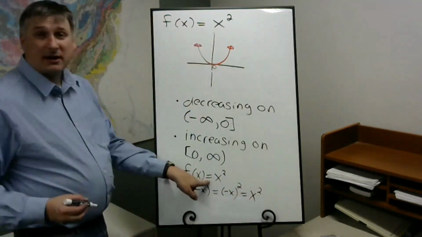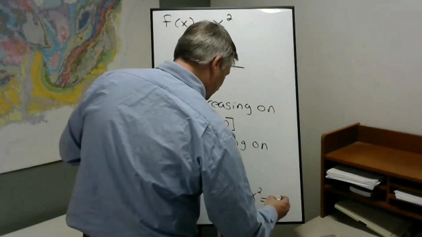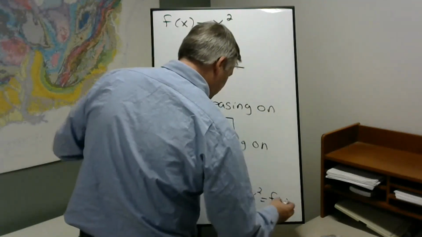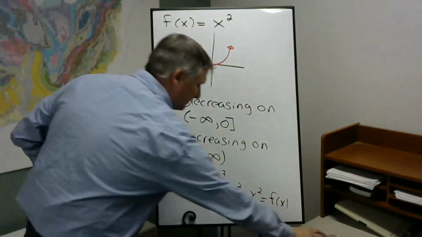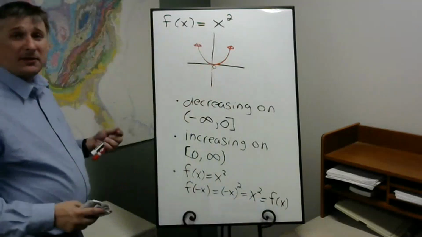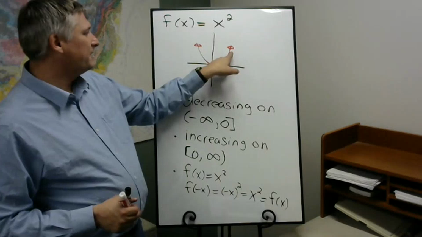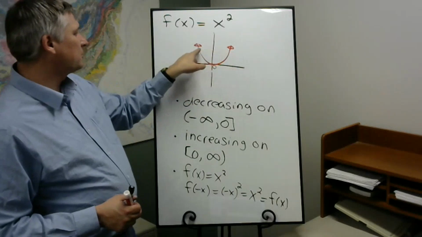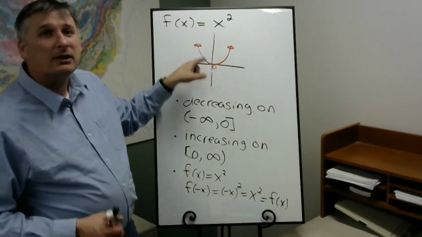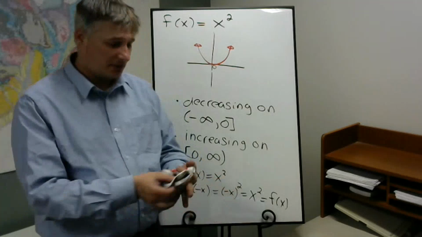And this is just the same as f of x. So what this tells us is that any point that's on the graph here is directly across on the graph over here. This is symmetric around the y-axis.